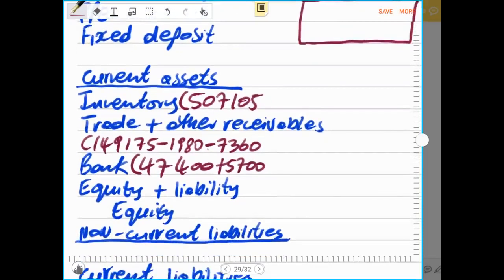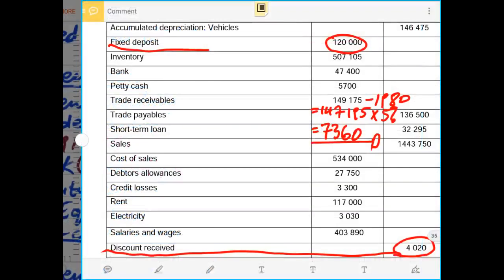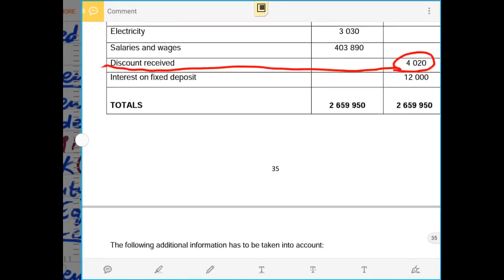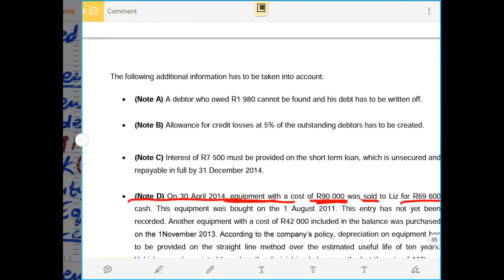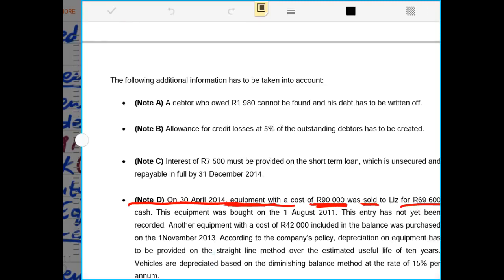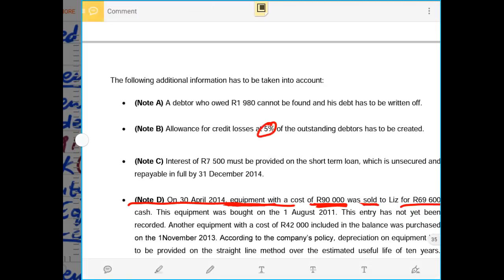So now we are reducing our debtors with the assumption that this amount will not be paid by some of our debtors. Therefore we have accounted for the allowance both in the income statement and in the balance sheet, which is the 5% portion. So now we can continue with number C.